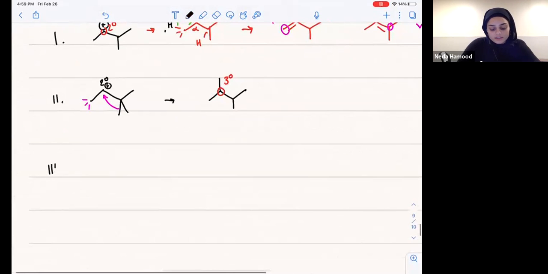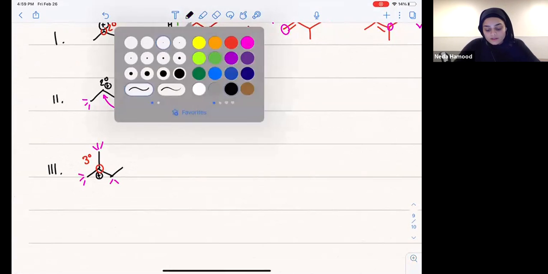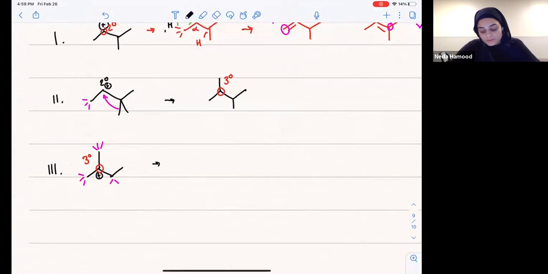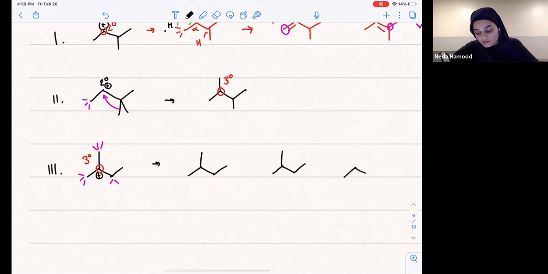Then this is 3, and we have, to begin with, a tertiary. There are a bunch of different hydrogens here, and then moving it would look like this or this.